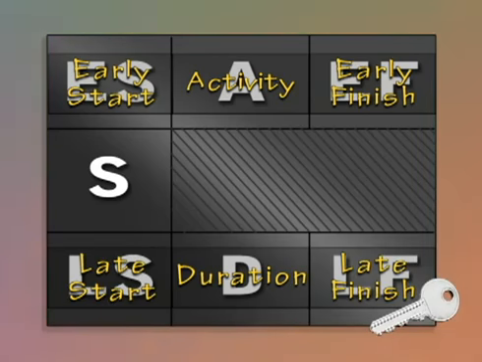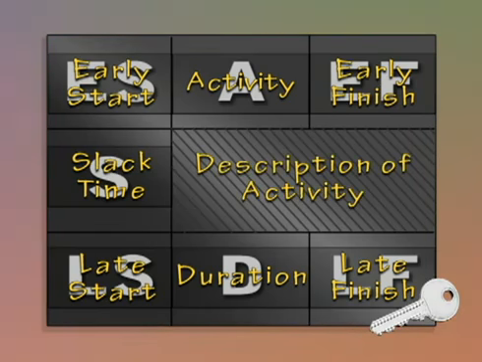Over here we're going to have S, which is equal to slack time. You'll notice this block right here where I have the diagonal lines. That is a block where you can write a description of the activity if you choose to do so.